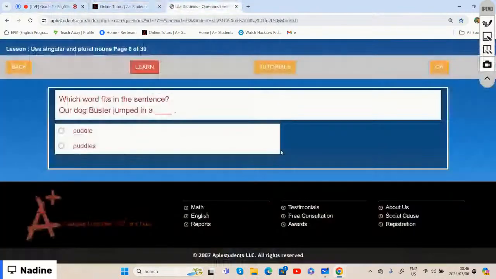All right, so if we were to choose the correct one, we would say our dog Buster jumped in a puddle. Because if we put a in front of the noun, then it refers to one thing. So one puddle or a puddle.